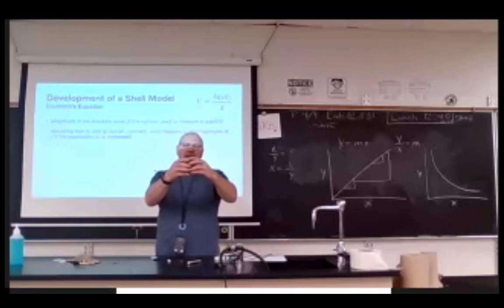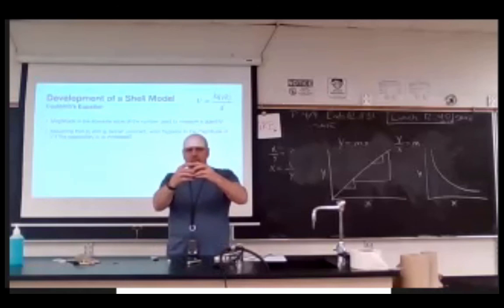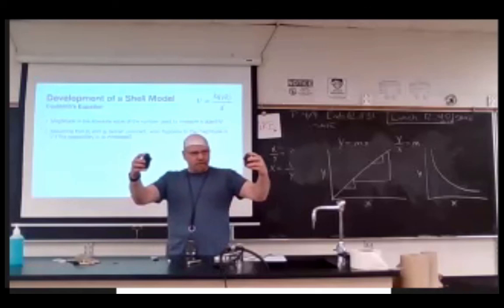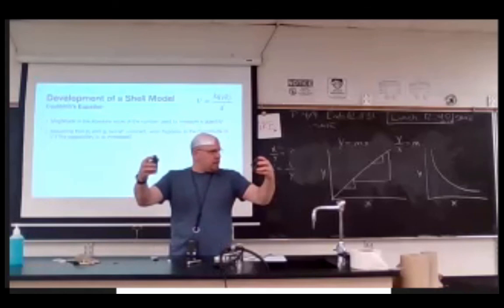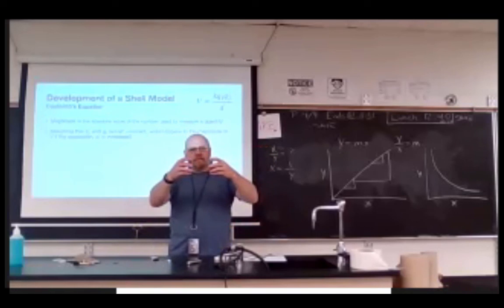If I have it like this, they're strongly attracted because they're really close together. But as I move them apart, wow, stronger than I thought. I can feel the attraction there, but as I get them further apart, I don't. Does that mean there's no attraction between these magnets right now? No, it just means it's really, really weak. Not enough for me to be able to feel it. Right about here is about when I can start to feel it. Very, very gentle, very, very light.